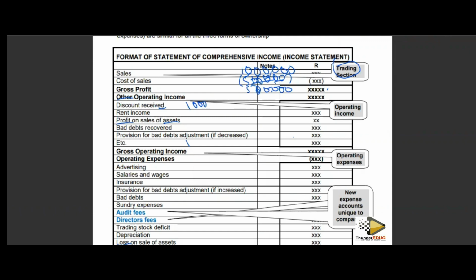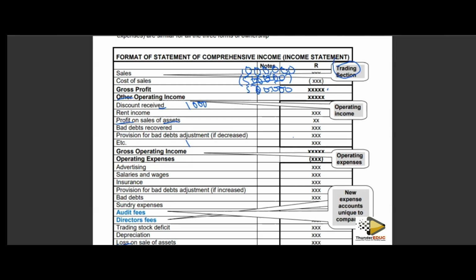A bad debt, sometimes we call it a credit loss. Actually, credit loss will be our expense. Now, a bad debt or credit loss, this is where our client or our customer failed to pay. We sold the goods to them on credit, but now they failed to pay us. Okay? So when they fail to pay, what do we do? We can write them off.